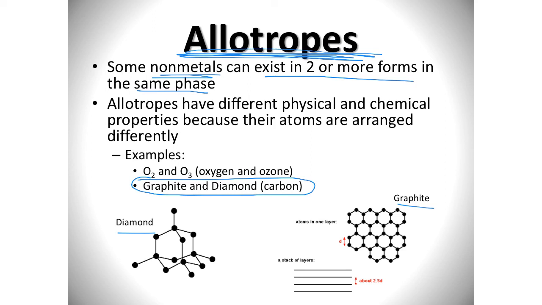So allotropes have different physical and chemical properties because their atoms are arranged differently. Another example is O2 and O3, oxygen gas and ozone, like the ozone layer. They both contain oxygen, they both are gases, but that's where their similarities end.